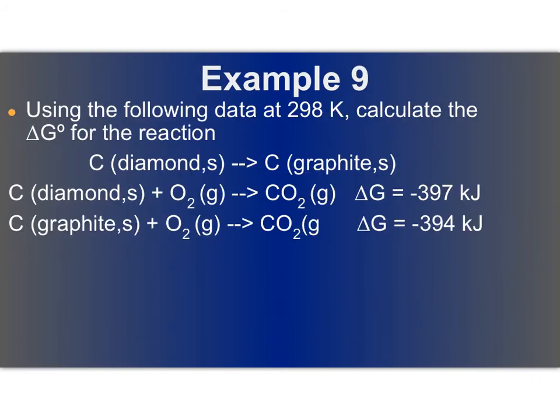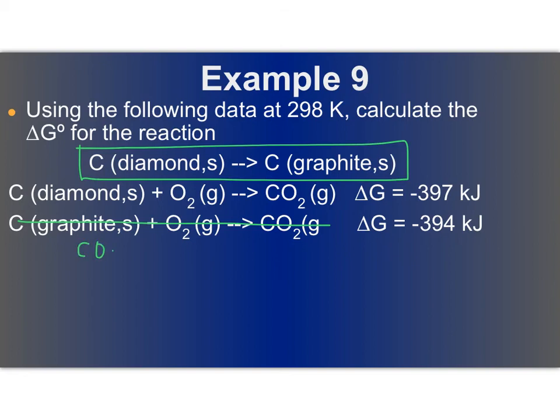We could use just plain old Hess's law to also calculate the delta G. Remember, in Hess's law, we are manipulating equations to get the net reaction. So I want diamond solid on the left, and I want graphite solid on the right, which means I am going to flip this equation. So I'm going to get CO2 gas yields C graphite plus O2 gas.